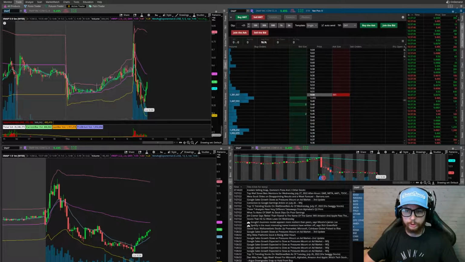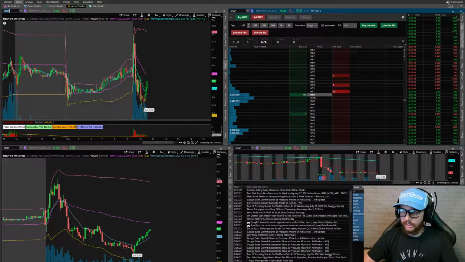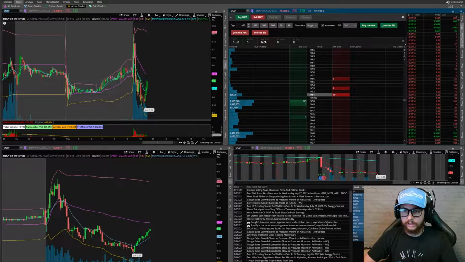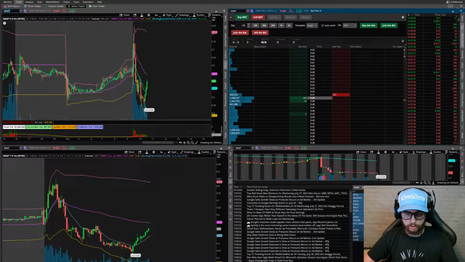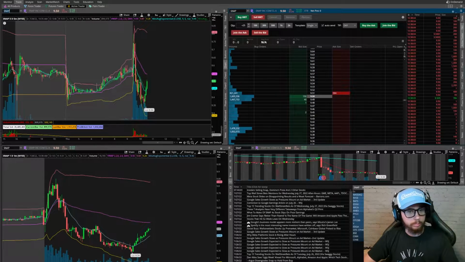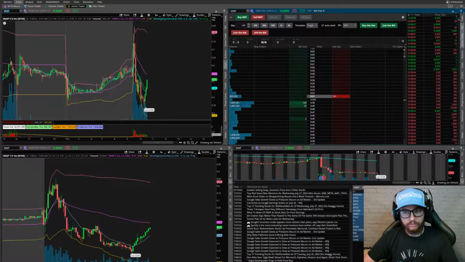So if we'll do the same example. Snap is at 950 and you put a limit order in at, let's say, 954, it should not fill you below 954. But that's not to say that you might not get filled above that.